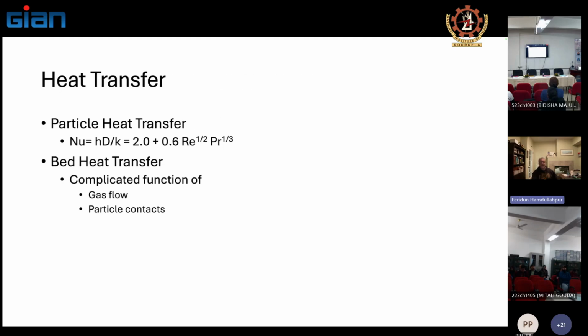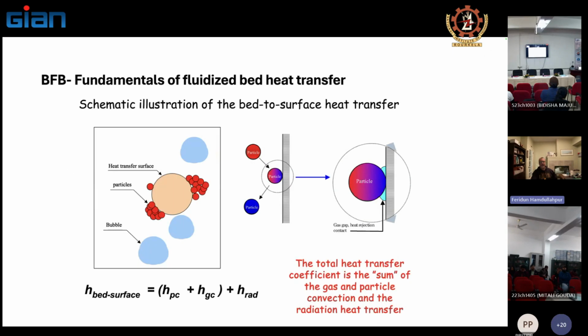Speaking of heat transfer, again, a lot of correlations are used to predict that. Why? Here is a schematic of a bubbling fluidized bed, showing the complexity of the case. So you have bubbles, as I said, and you have incipient air, and let's say this is a combustor.